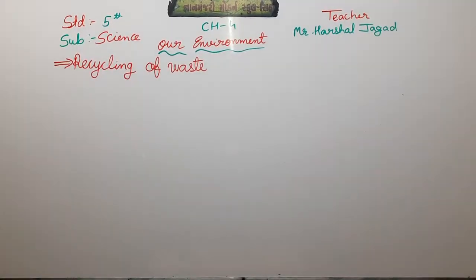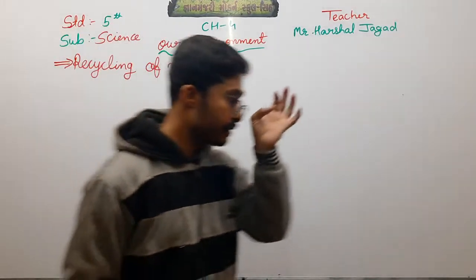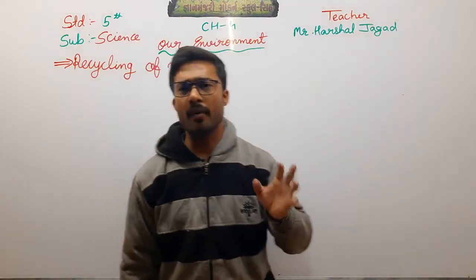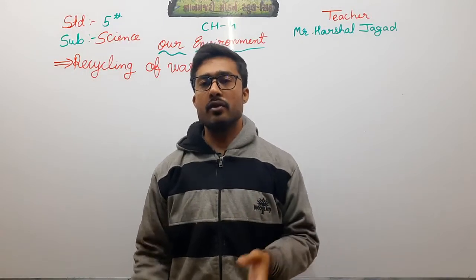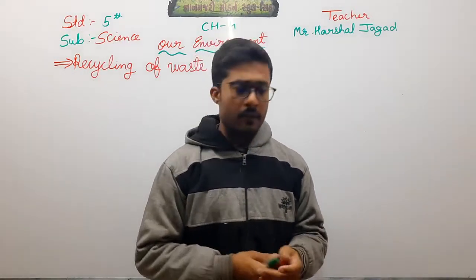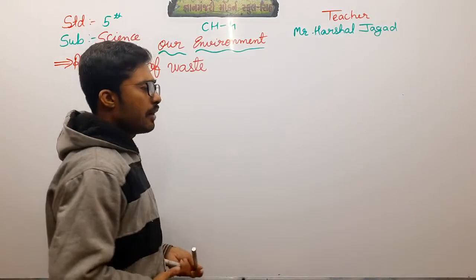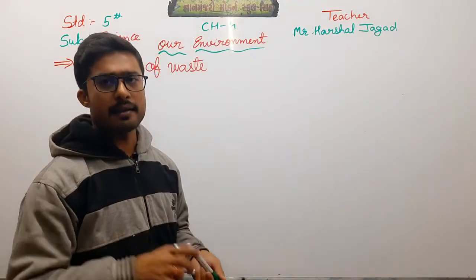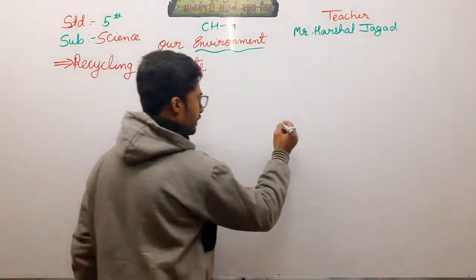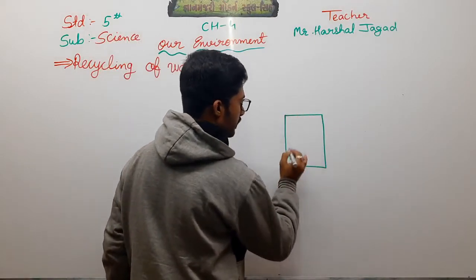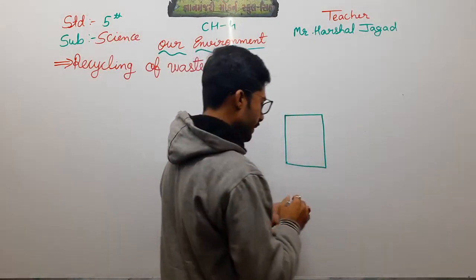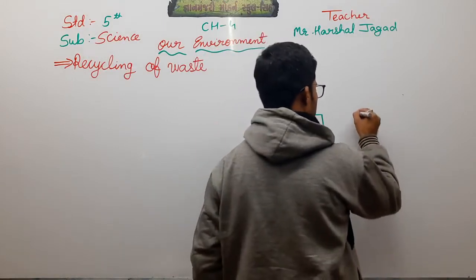So, recycling of waste. If I talk about recycling, in western countries, but now in our country also, there is something like it. Here, if I say there are two dustbins, this is one dustbin and this is the other.